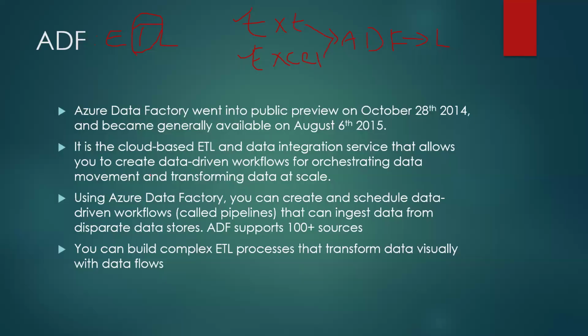I've just taken text and Excel as an example, guys. Likewise, Data Factory supports 100 plus sources. Say you have data on Amazon, Google, IBM, Oracle, SAP, whatnot. It supports more than 100 sources. Say you have data in a JSON file, XML file, Avro file.